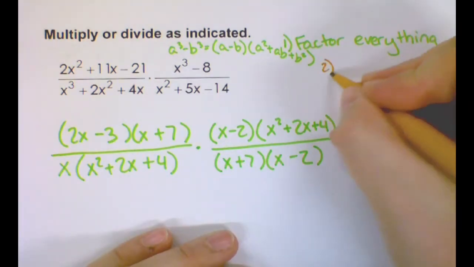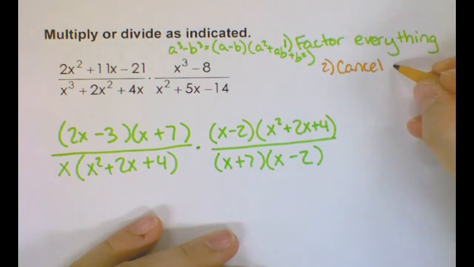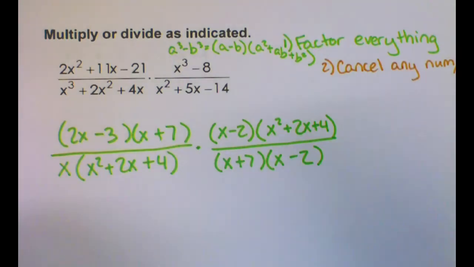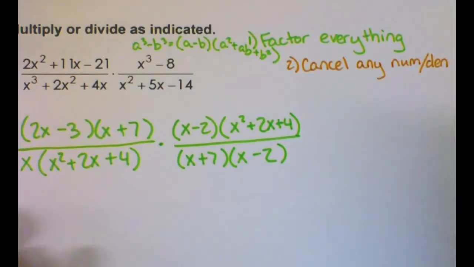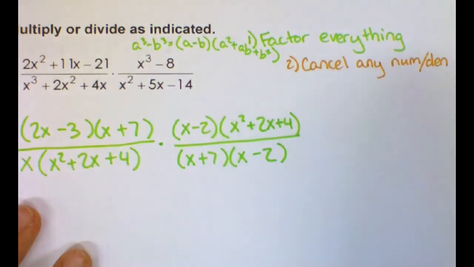Step 2, cancel. Any numerator and denominator combo, you can cancel diagonally. Oops, sorry, you can't see that part. So I have a 2x minus 3 here. No other 2x minus 3s, it's stuck.